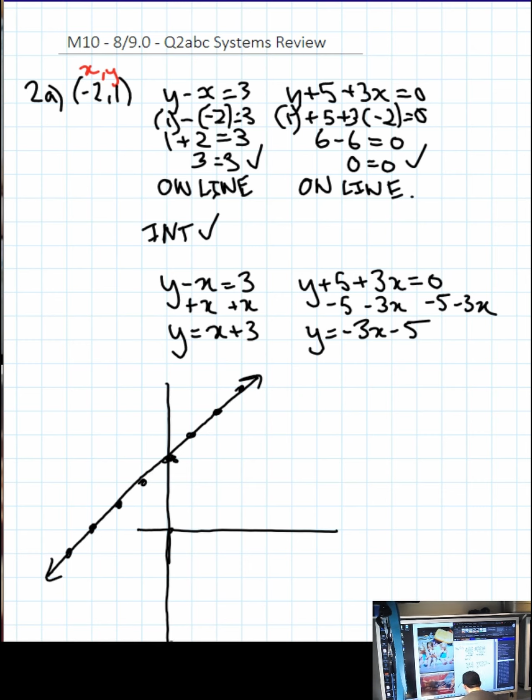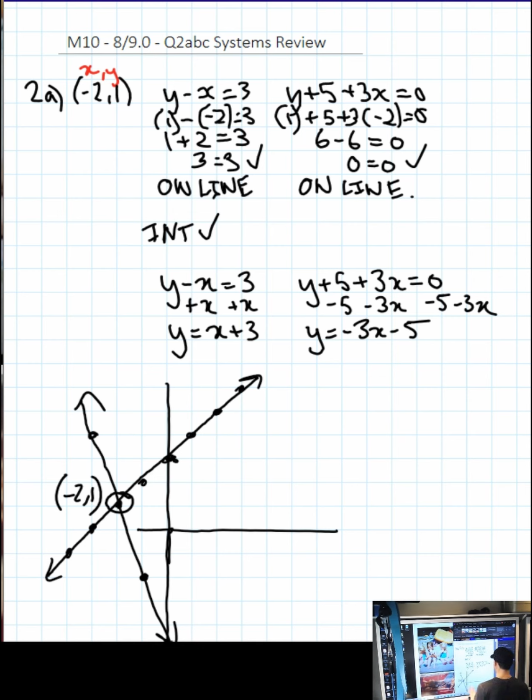Down 3 over 1 in the negative direction, which means this is the intersection. Put a line through it, and we can clearly see that our intersection is (-2, 1), verifying that it was the intersection and that we have done it correctly.